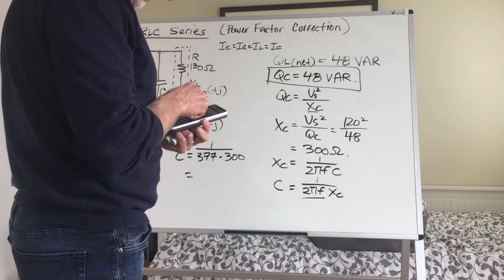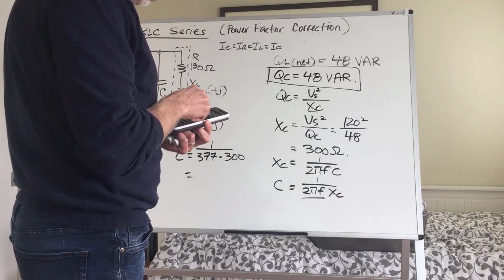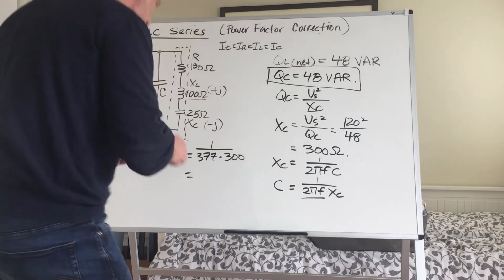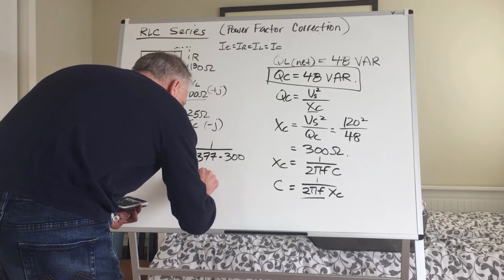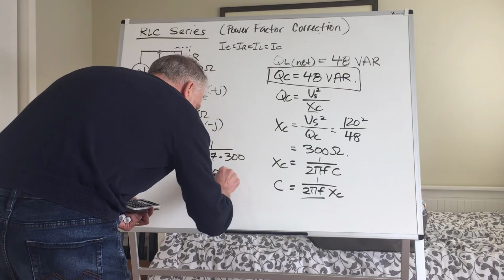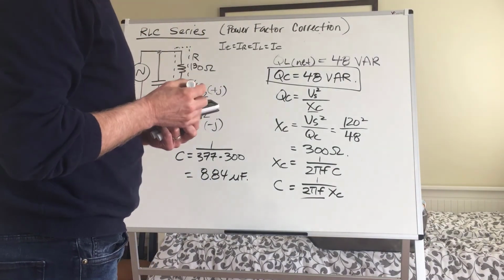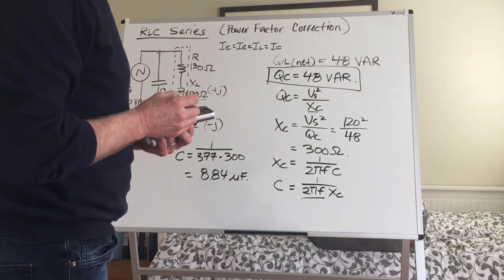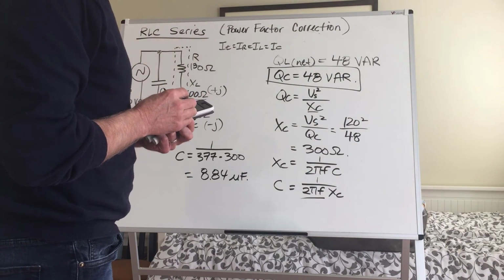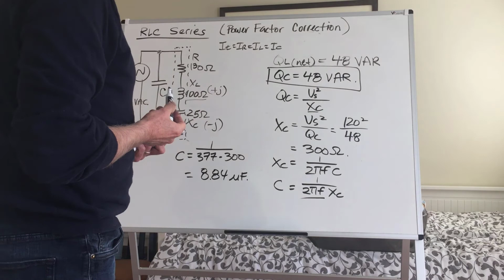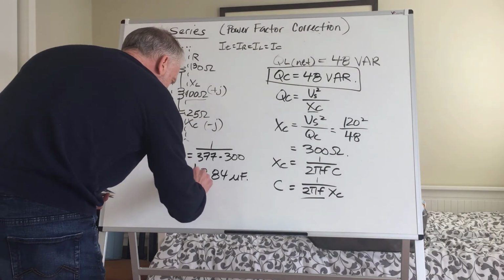means that we have a value of 8.84 microfarads. Just going to double check my decimal places here because I have to move it 6 to the right. And so yeah, that's 8.84 microfarads.